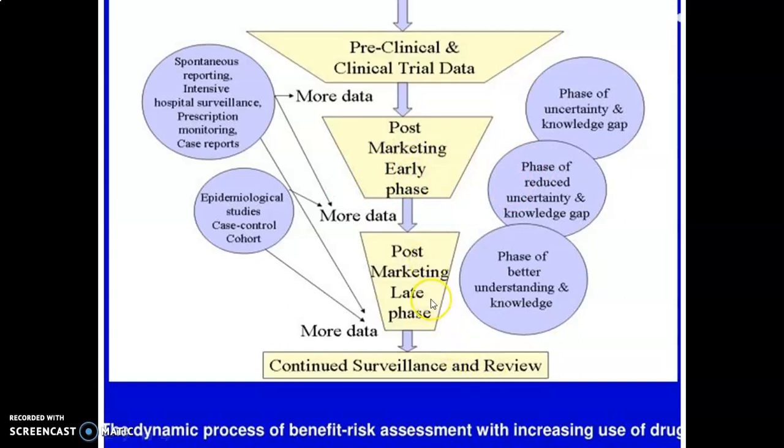Then in the post-marketing late phase, there will be better understanding and knowledge related to the drug, because almost complete data will be available. Even some epidemiological studies and case-control and cohort studies will produce data. So all the data generated in these three phases will help in continuous monitoring of the drug, so that risk-benefit assessment can be done.